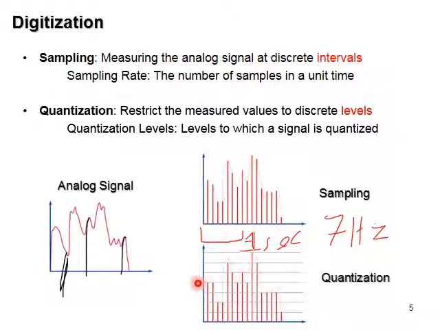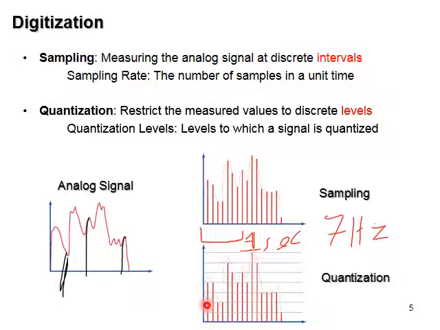Okay, so what's the advantage and disadvantage of having a large number of quantization levels versus a low number? If you have a large number of quantization levels, you might be able to get a better representation of the signal. Again, the actual value of this sample in the analog signal was at this point here. Now what you're actually storing is not that value, it's something lower.